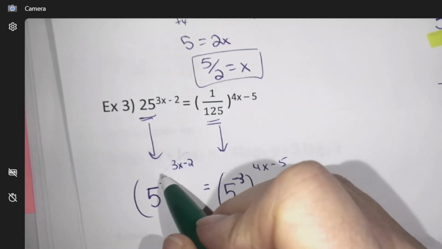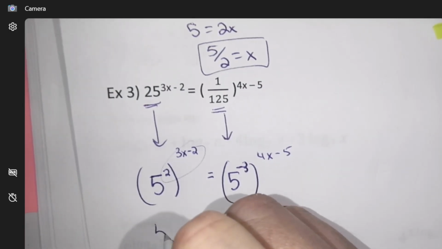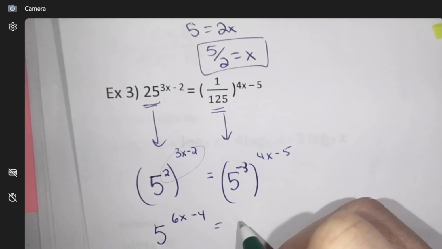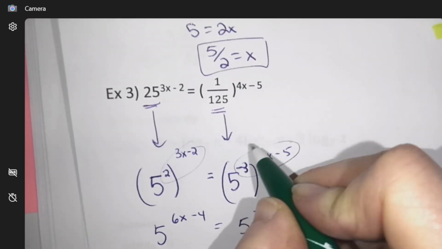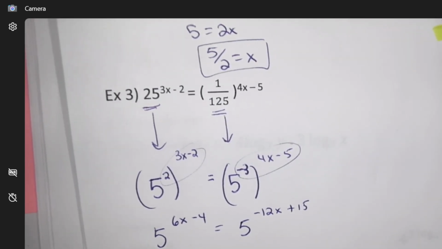Okay, so now you need to do what rule? Multiply. Again, make sure you FOIL that out, right?